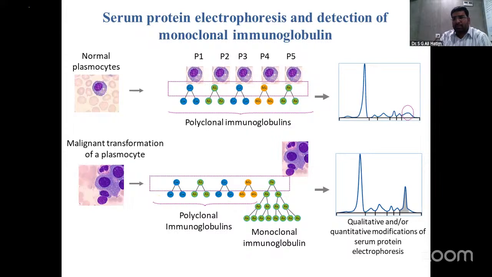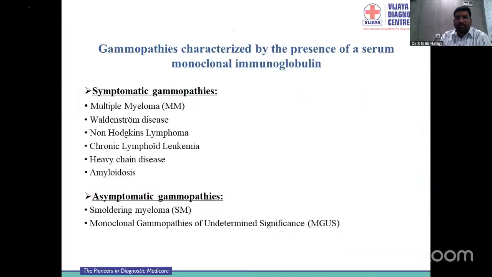So the picture will be like this in the electrophoresis. There will be a peak in the gamma region. Upwards you can see the normal pattern, and whenever there is malignant transformation, this will be the pattern.